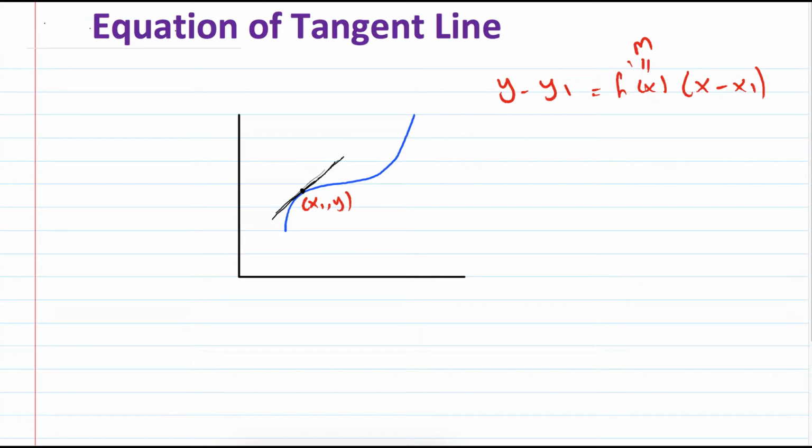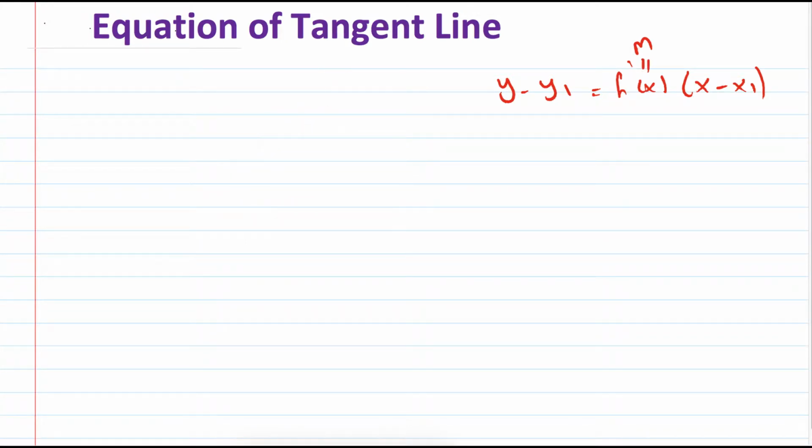So let me give you an example and let's see how we can find the equation of a tangent line to a particular function at a particular point. Example 1. Suppose I have f of x equals x to the 2 plus 3x minus 1, and I want to find the equation of the tangent line at 0 and minus 1. It's very, very easy.